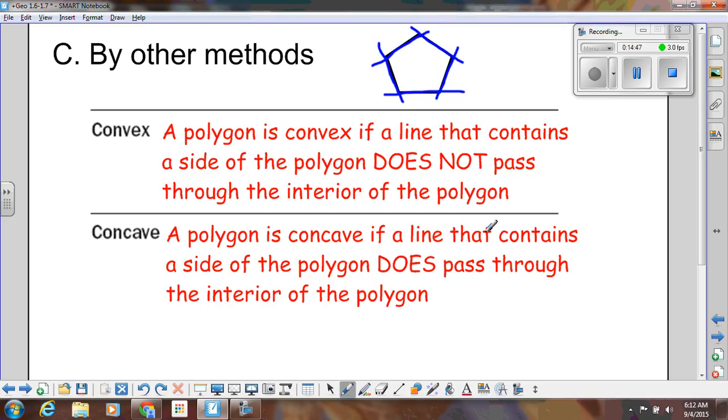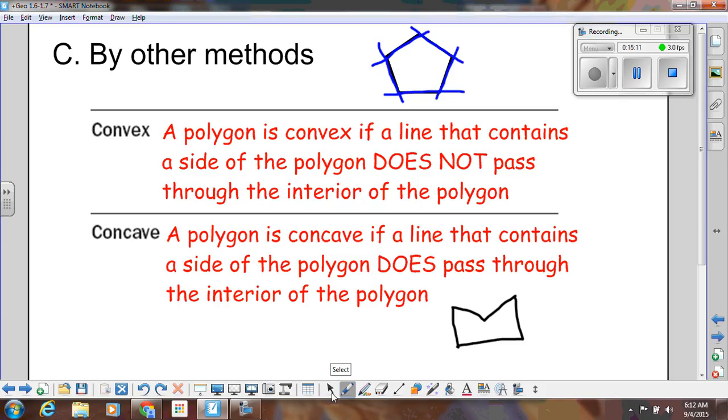Okay? However, if I had a concave pentagon, I'm going to draw a concave pentagon. So it's going to be like a house, but the roof isn't going to be up, it's going to be collapsed. So that's what I use for my concave polygon.